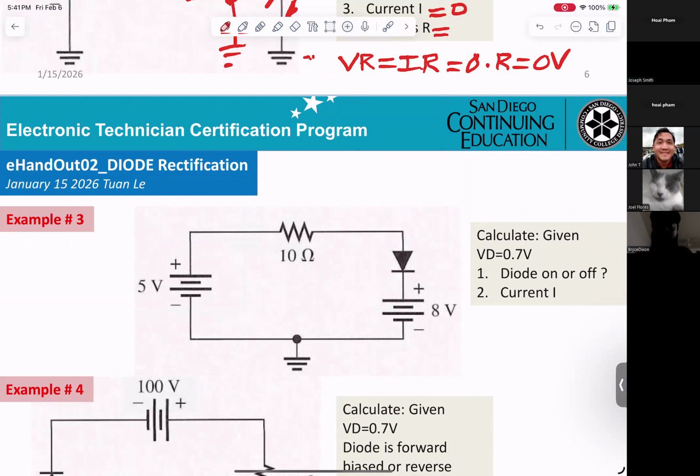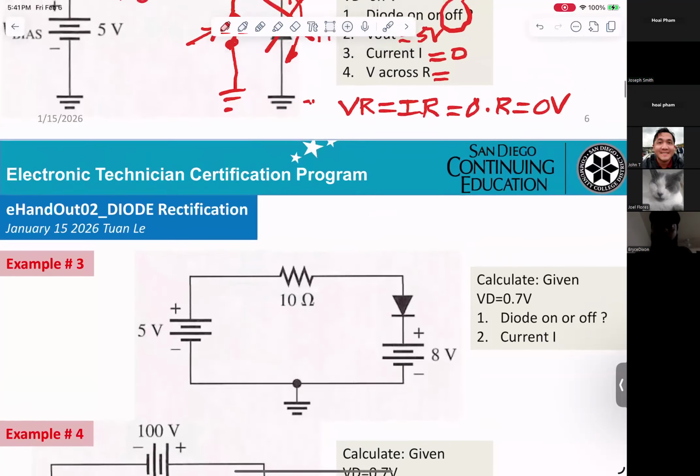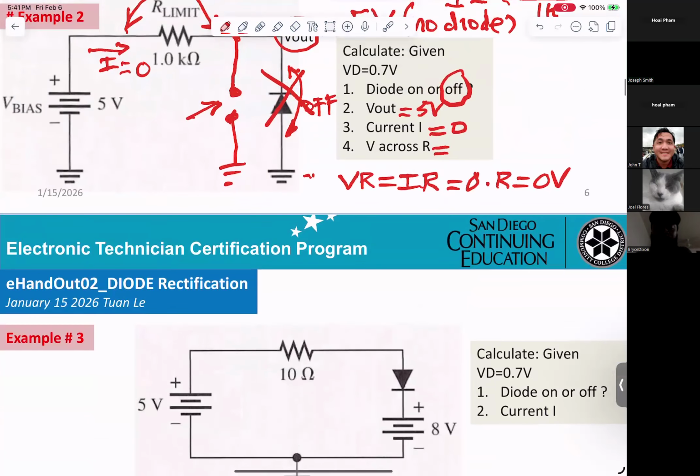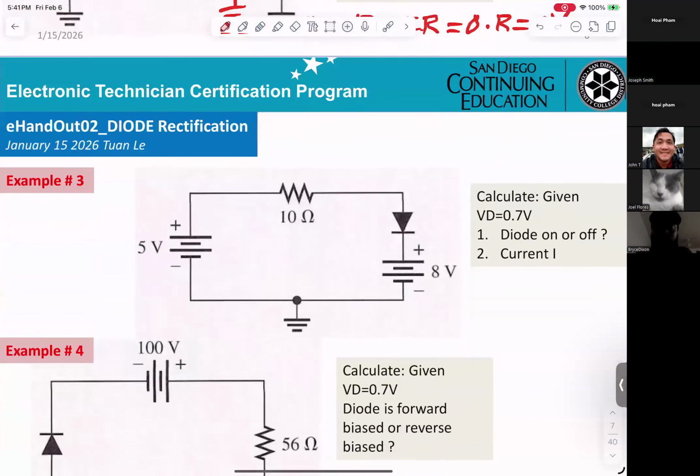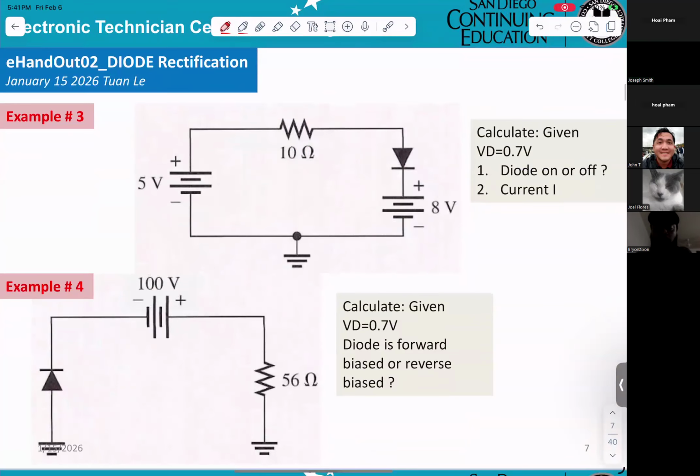So, for this circuit, this diode right here, can you tell me diode on or off? It's off.